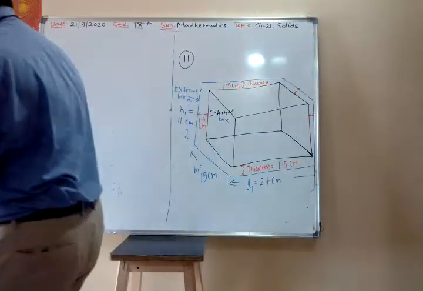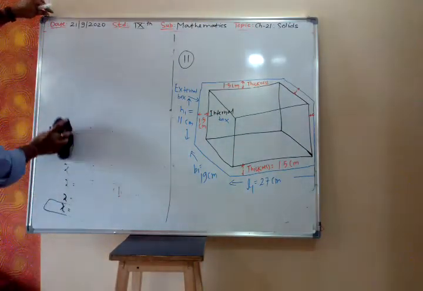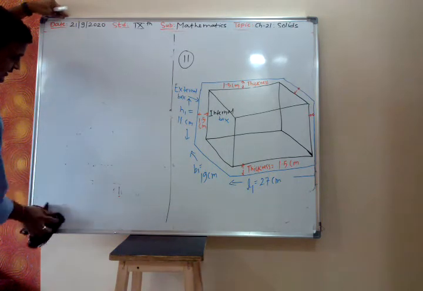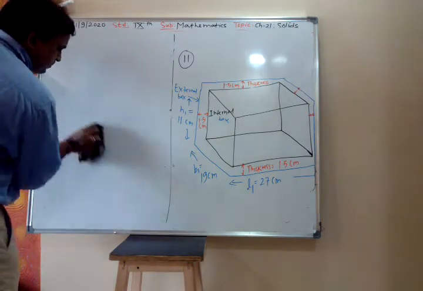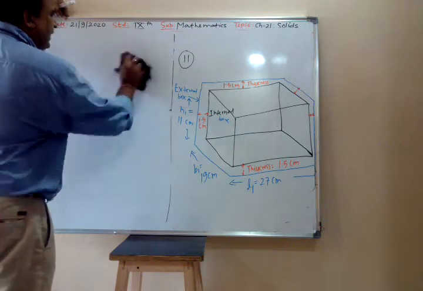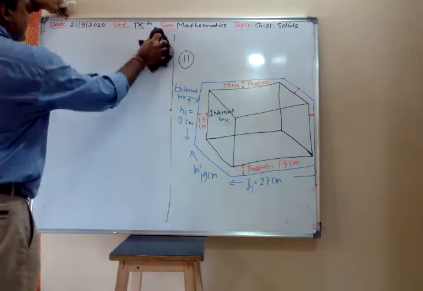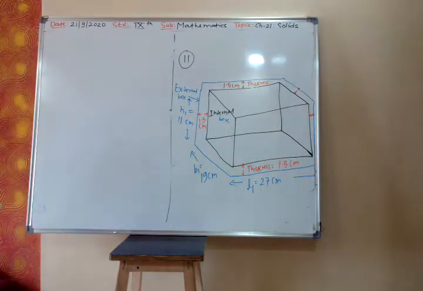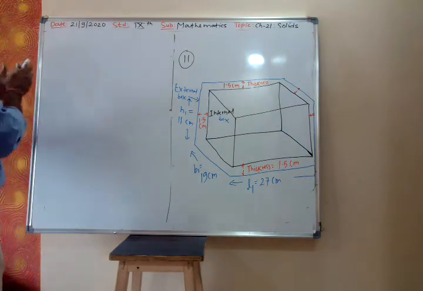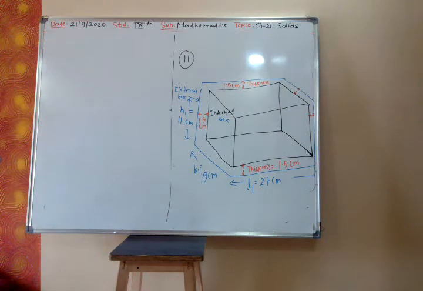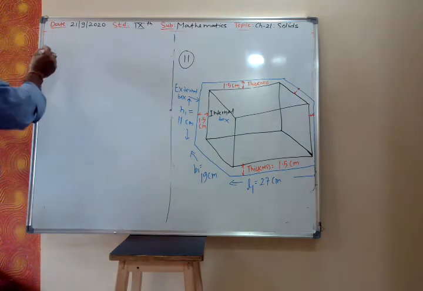So we first find the dimension of the internal box. How do we find the volume of wood in the box? First we are given the dimensions of the external box.